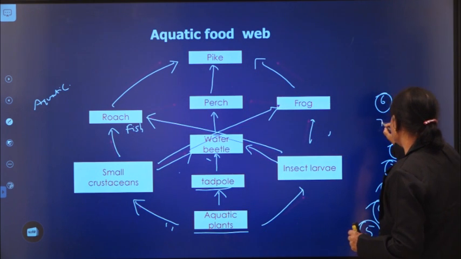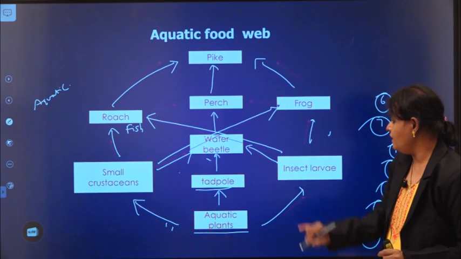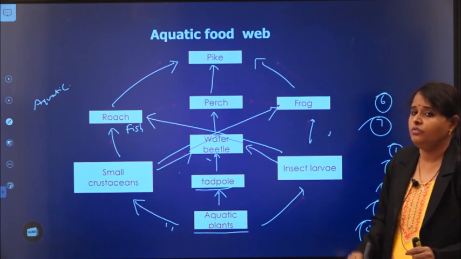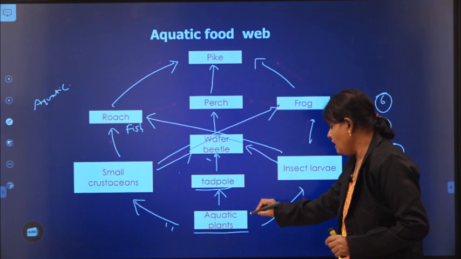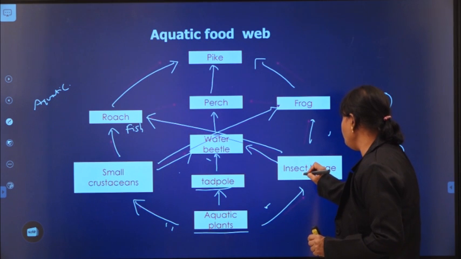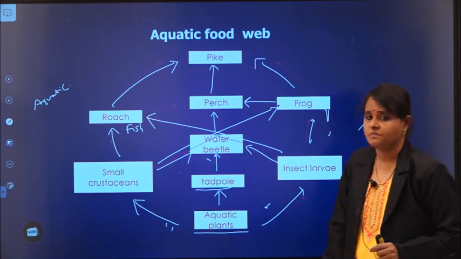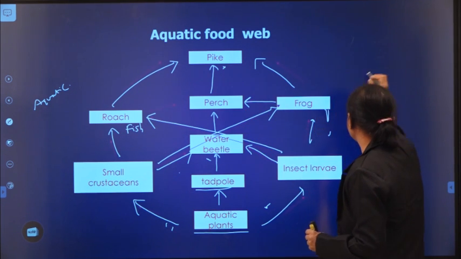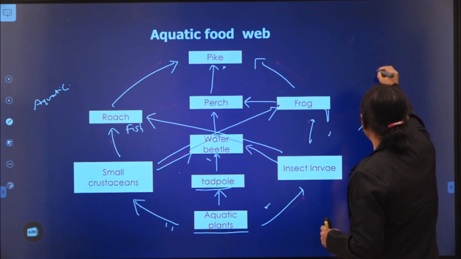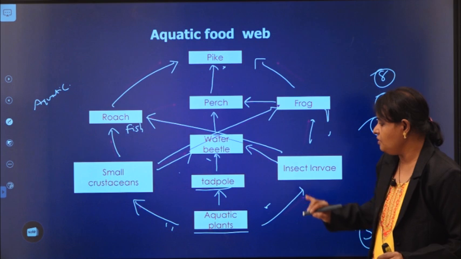How many food chains? 7. Clear? 7. Now I will show you another 2 food chains also in this. You can see aquatic plants, insect larvae, frog can be eaten by perch. From perch to pike. How many food chains? 8 food chains.